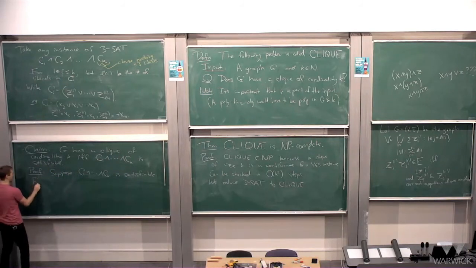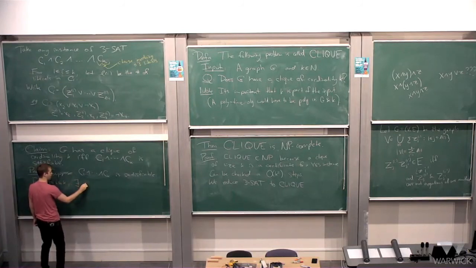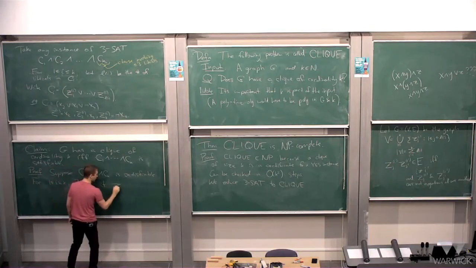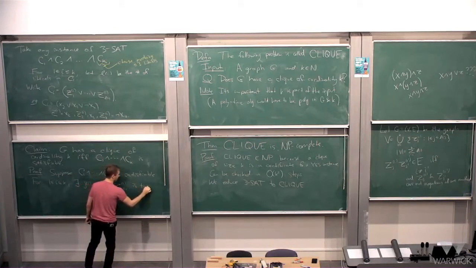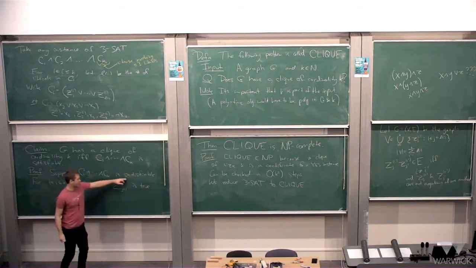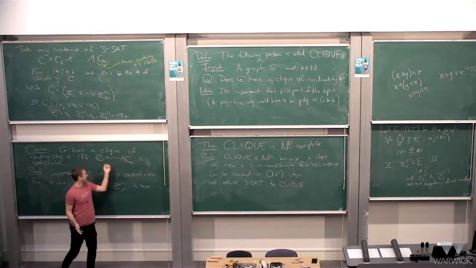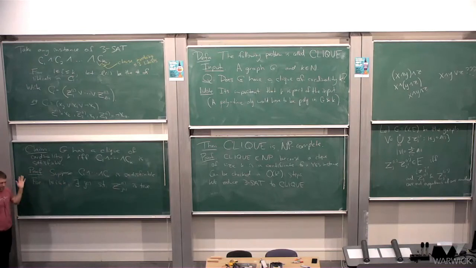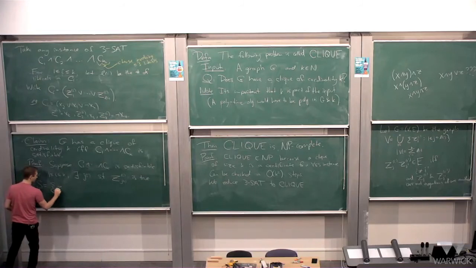So for i from 1 to k, there exists some j depending on i such that Z_j^i is true. I'm assuming we're looking at some assignment of the variables that makes it true. Since the whole expression is true, every clause must include some literal that's true. And now I let S be the set of these literals.